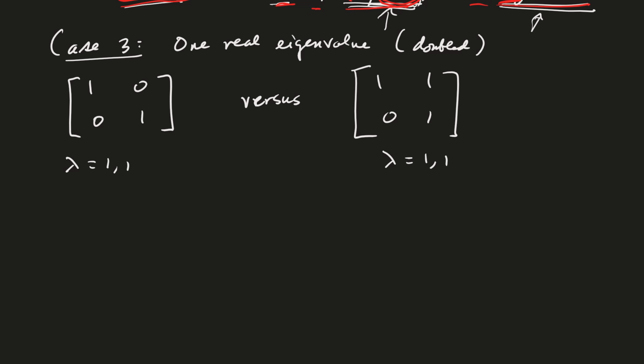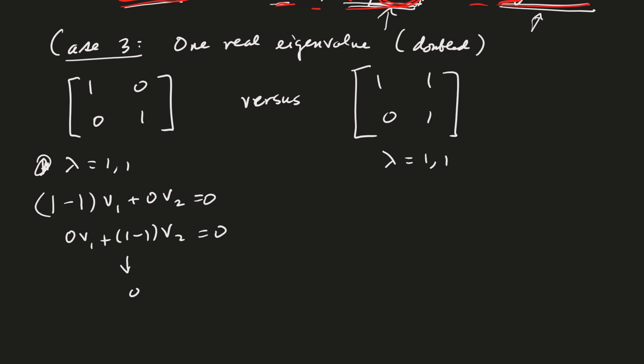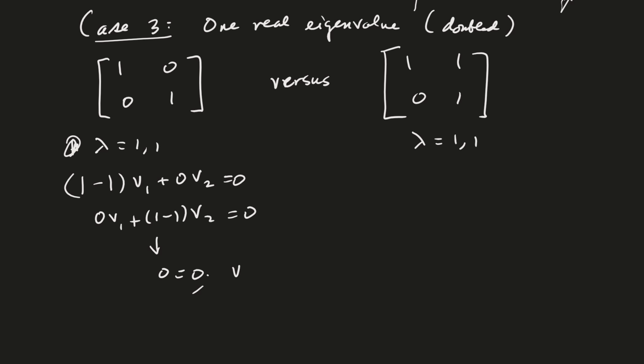If we're looking for v1 and v2, in this first case we would have 1 minus 1 times v1 plus 0 v2 equals 0, and then 0 v1 plus 1 minus 1 times v2 equals 0. That just means that 0 equals 0, and so v1 and v2 are both free.